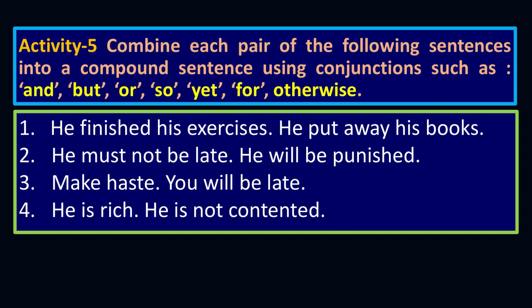We have two sentences, we have to combine these two sentences using one of the yellow colored conjunctions or coordinators from the list, right. Number 2, he must not be late, he will be punished. Make haste, you will be late. He is rich, is not contented, right.